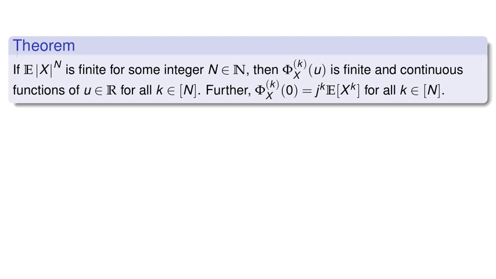Furthermore, evaluating this kth derivative at u equals 0 gives us phi sub x superscript k evaluated at 0 equals j to the power k times the kth moment of x, which is the expectation of x to the k, for all k up to n.